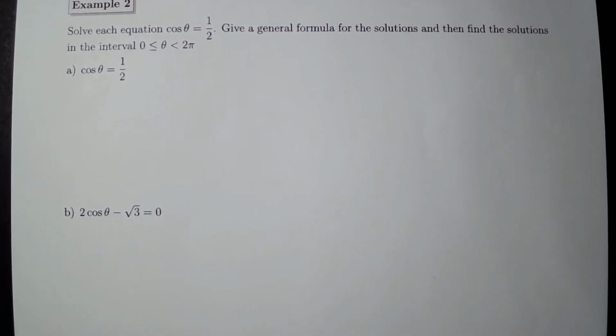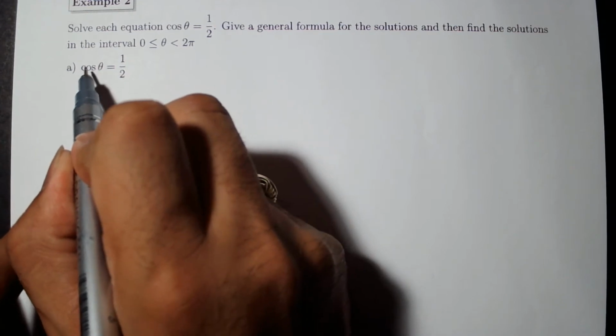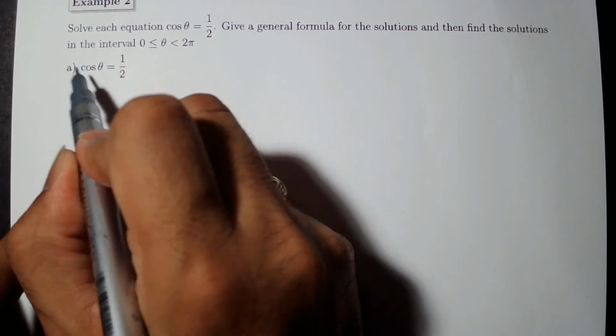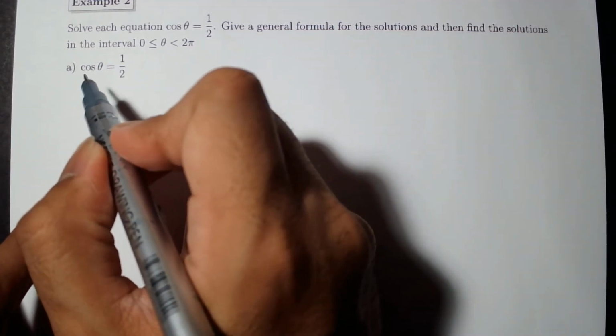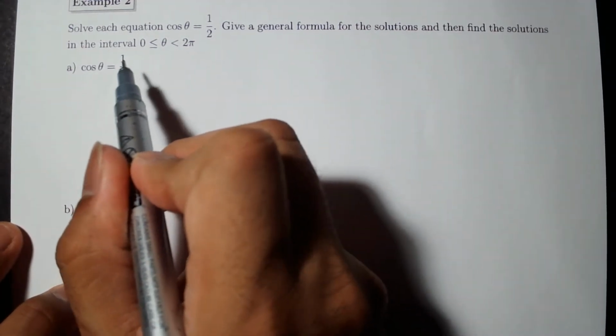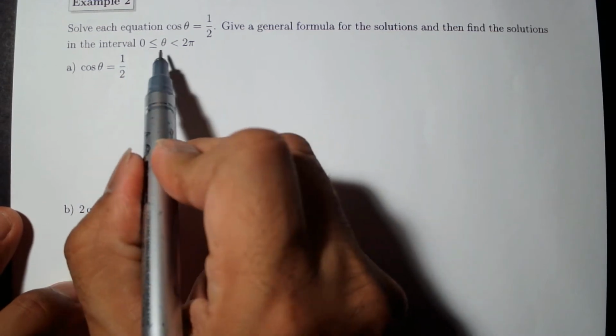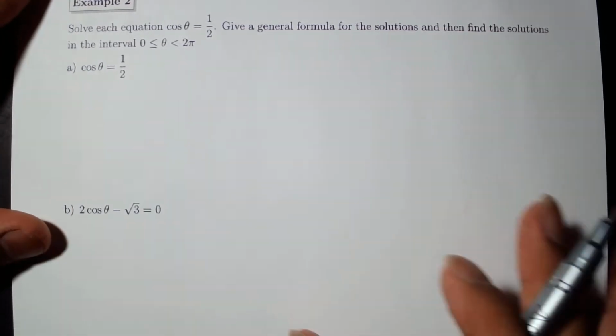For cosine theta equals 1/2, we're looking for the angle theta whose cosine equals 1/2, and in a way we already did this when we did inverse trigonometric functions. But inverse trigonometric functions had restrictions, and for equations we're going to look at this in a slightly different way.